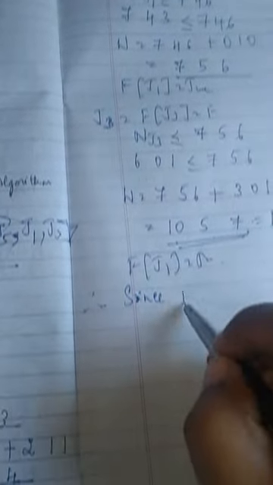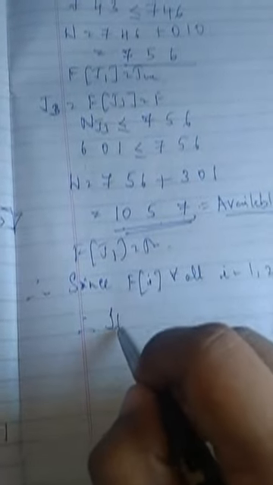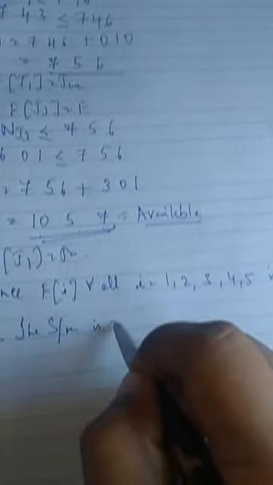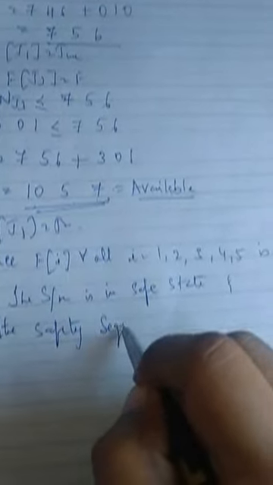So now what happened? Since finish of i for all i equal to 1, 2, 3, 4, 5 is true, therefore the system is in safe state, and the safety sequence, this is very important, you have to write.